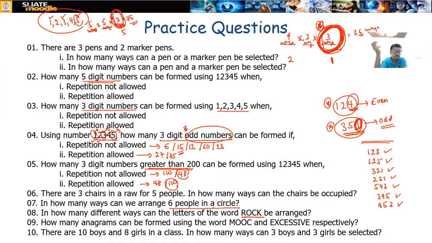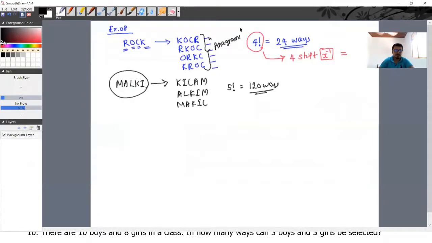How many anagrams can be formed using this Mook?